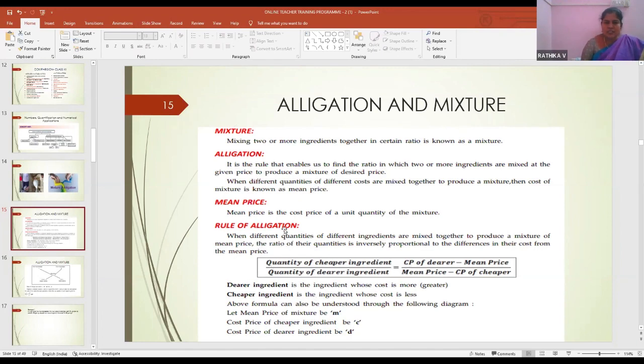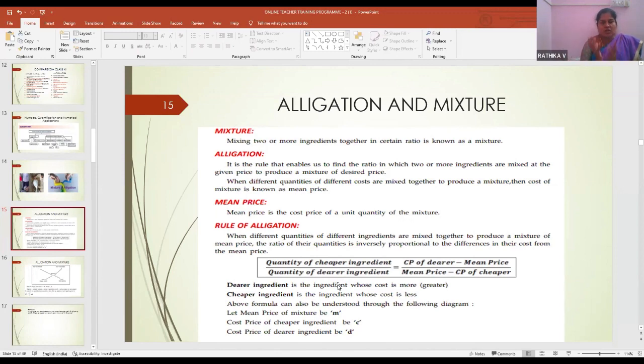So what is the rule here is, before that you should know the meaning of mean price. Mean price is the cost price of unit quantity of the mixture. What it means is, we have to divide the two items. One is a dearer price, another one is a cheaper price. Sometimes you are mixing water and milk. So milk will be costlier.